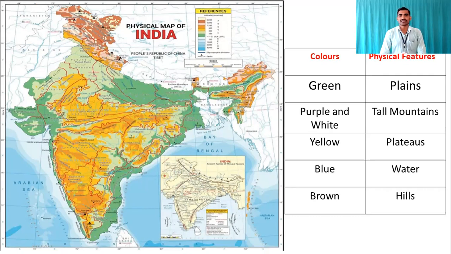Plain areas, that is, plain is a physical feature. So plain areas are always shown in the green color in the physical map of a particular place. In the same way, for tall mountains, purple and white color is used. For the plateaus, yellowish color is used. For water, or for the rivers or the lakes, mostly blue color is used.